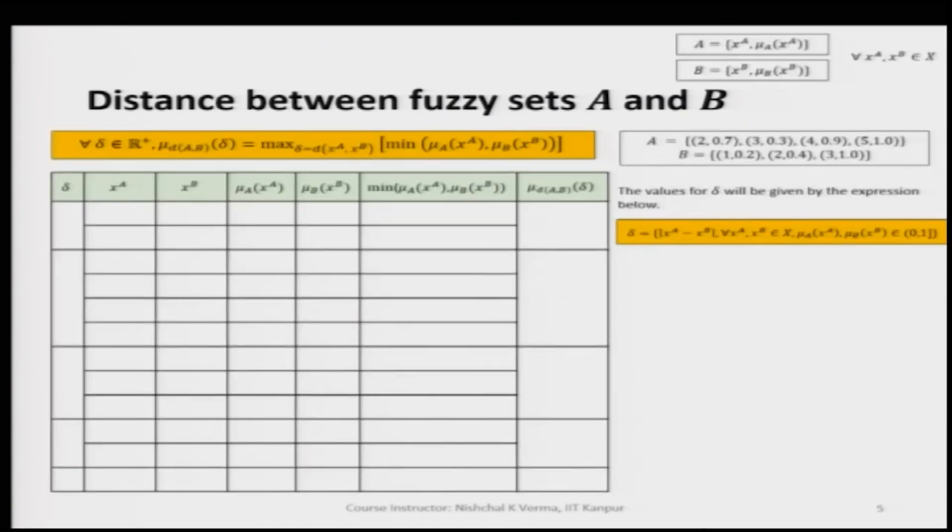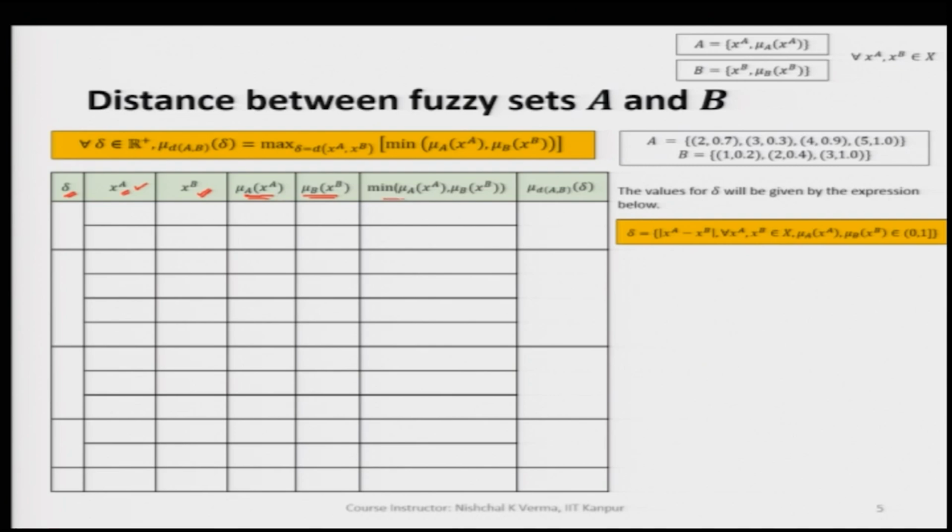As I mentioned in the last lecture, we have a table, and this table will have the delta value, and then x_A. x_A is the generic variable value present in the discrete set A. Similarly, here is the generic variable value present in fuzzy set B, and mu A of x_A and mu B of x_B are the respective membership values.